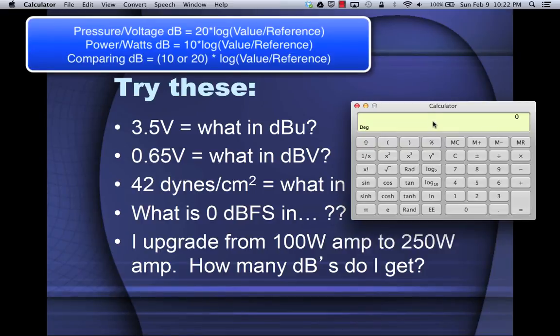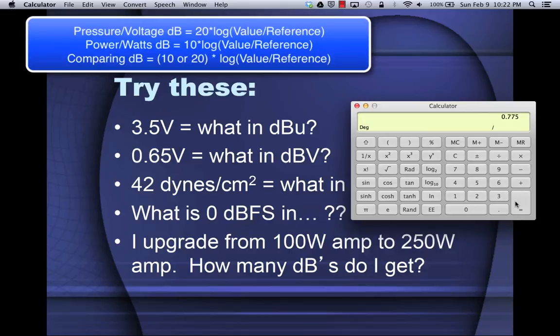So again, if we look at the formula for voltage to dBu, it's 20 times the logarithm of the value, which in this case is 3.5 volts, divided by the reference. Now the reference for dBu is 0.775 volts. So first, let's take 3.5 volts, divide that by 0.775 volts, because remember, it's our value divided by our reference.